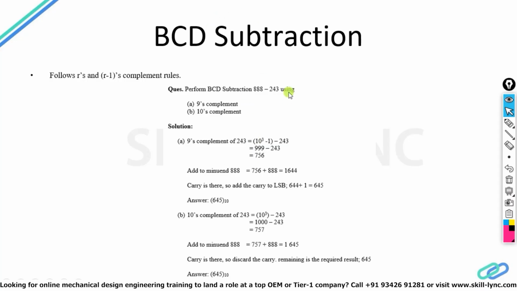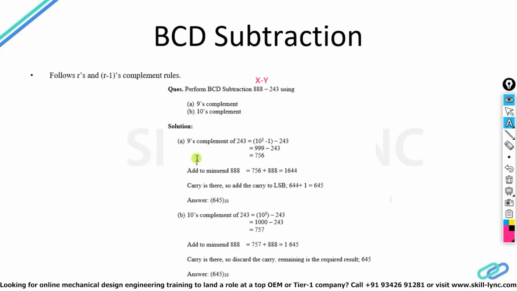So the rule says first of all find out the 9's complement of y. For example, I am saying that it is x minus y. So we are doing it using 9's complement and we are doing it using 10's complement. When we are using 9's complement, the rules of r minus 1 will be followed. That is, find out the 9's complement of y, add to x. If carry is there, add the carry to LSB. If carry is not there, take again the 9's complement of the result and put a negative sign.